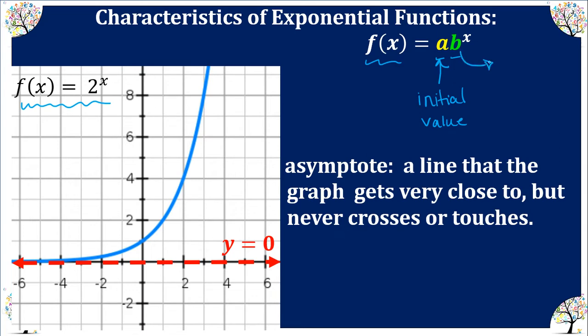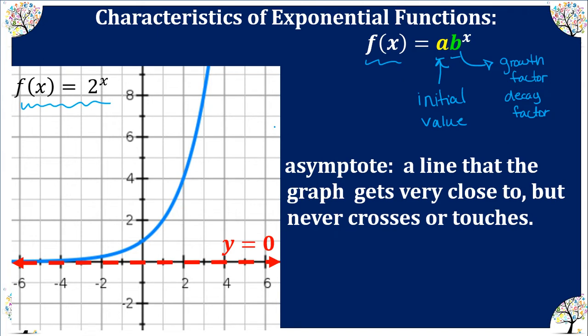Our b value in an exponential equation is our growth factor, and it's also our decay factor. So we will talk about this later in our lesson, whether it's a growth or decay, but it is the factor. So we have our initial value multiplied by our growth or decay factor raised to the exponent of x.